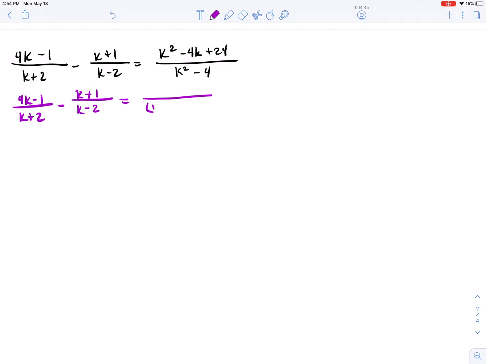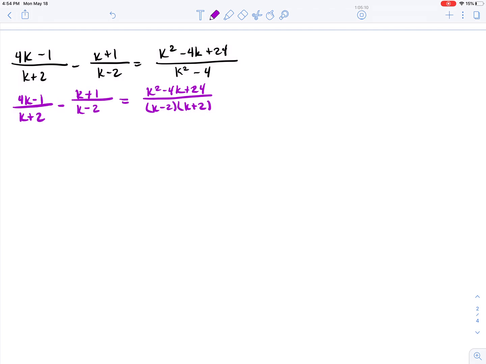That is a difference of squares, k minus 2, k plus 2. I'm going to leave the numerator as k squared minus 4k plus 24. Now, you'll see the reason for that later on, just because then I'll be able to collect like terms. So I'm not going to factor the numerator.